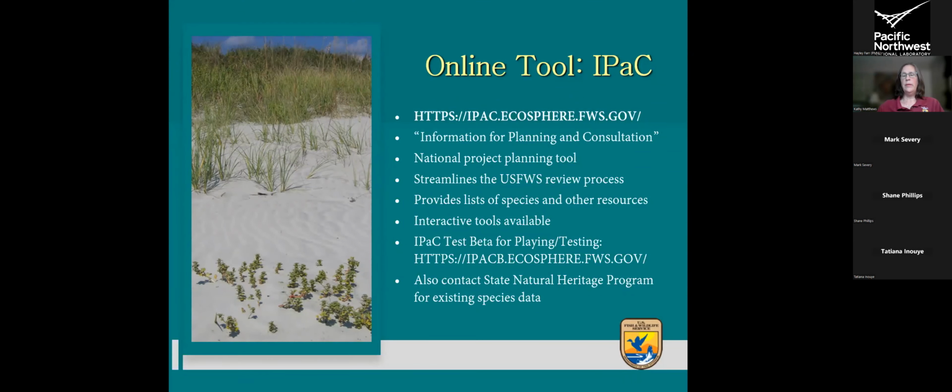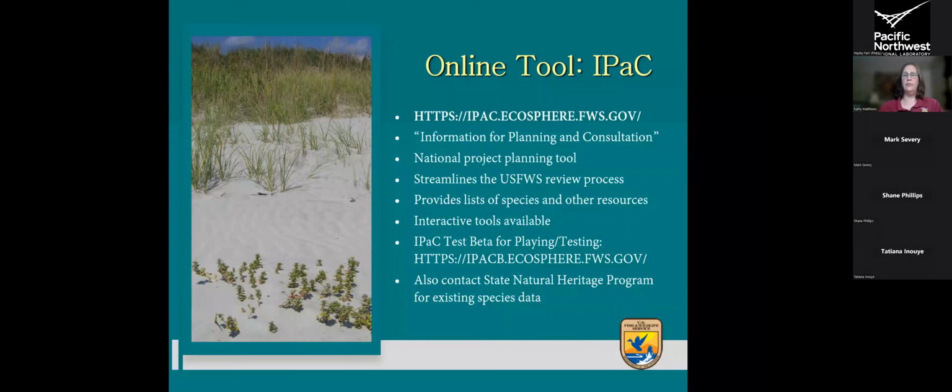And I would just recommend that if you do want to check out IPAC, start with the beta site. If you use the link at the top of the screen and create a project, that actually creates a project file on the internal system for the service.